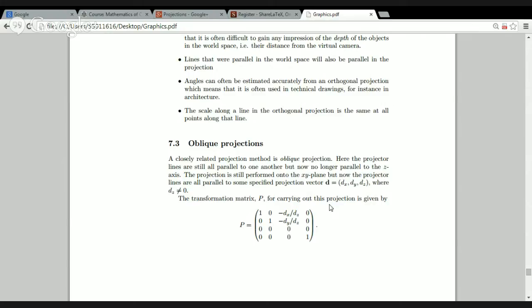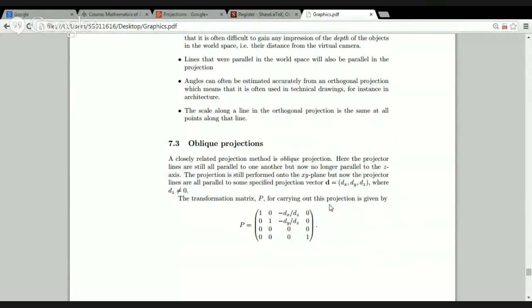So it's no longer a perpendicular projection onto the xy plane, but it's oblique. It's at a slant, at an angle, at a non-right angle. Now we're seeing the top view of it. So this shows us that the projection direction is not parallel to the z plane, and it may even have some height to it.